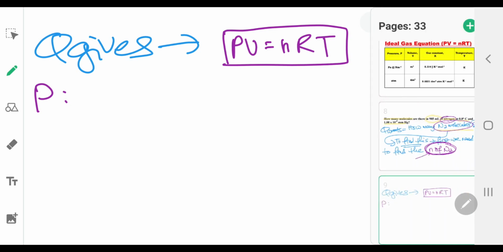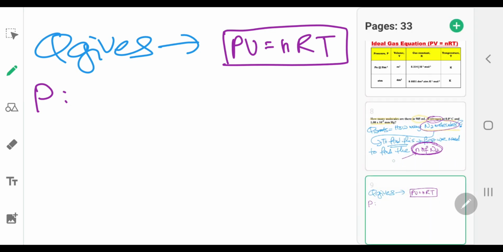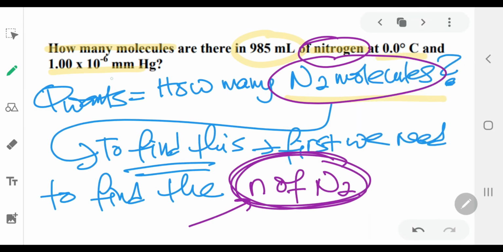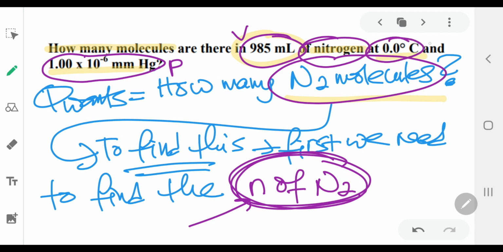So if you look here, we have pressure in millimeter mercury, so that is your pressure. And then we have a volume over here, and we have your temperature right there. So enough information is given to you, hence we can use PV equals to nRT.